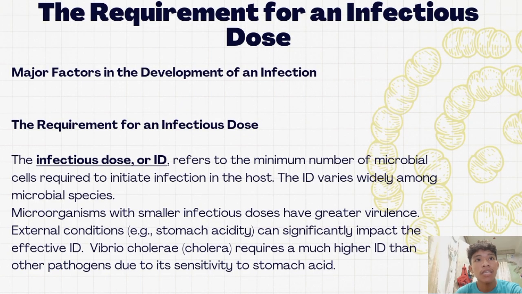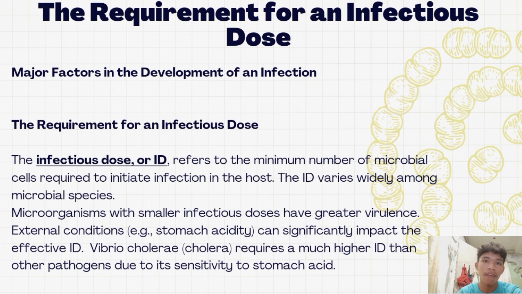Now let's proceed to what is meant by the infectious dose or ID. Major factors in the development of an infection: the requirement for an infectious dose. The infectious dose or ID refers to the minimum number of microbial cells required to initiate infection in the host. The ID varies widely among microbial species.